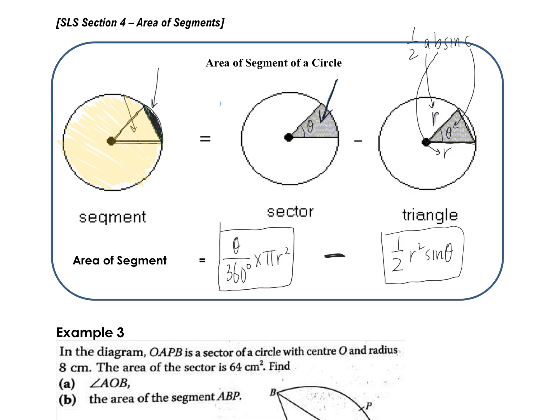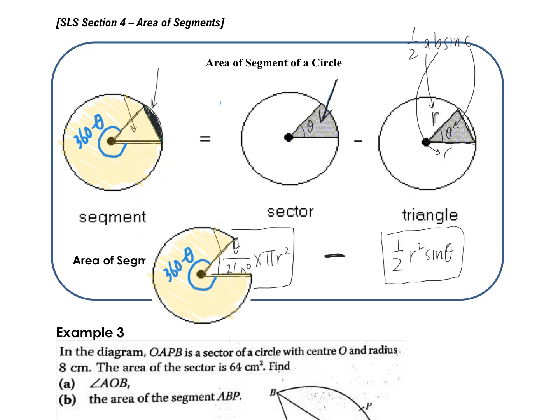So you can find the big circle, pi r squared, minus this answer you have. Alternatively, you can first find the area of the major sector. That means this is 360 minus theta, right? So I will first find this slice, this piece.